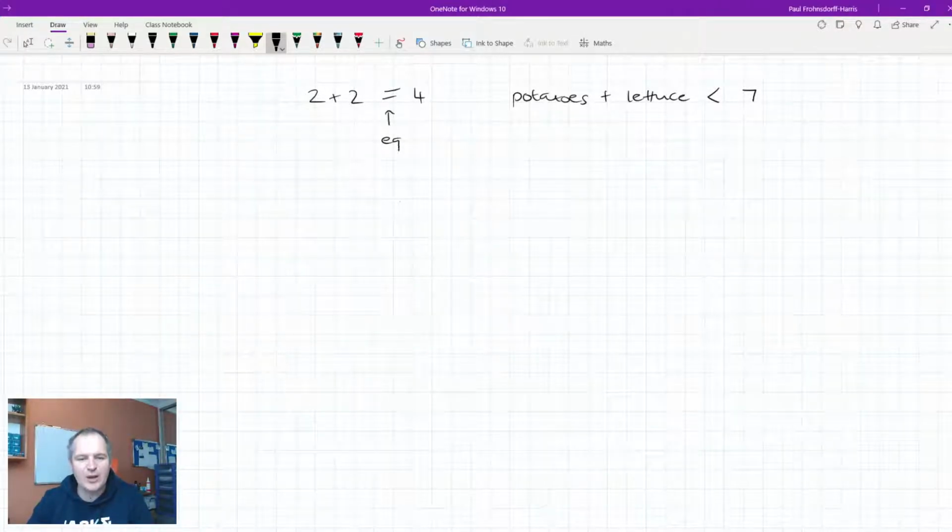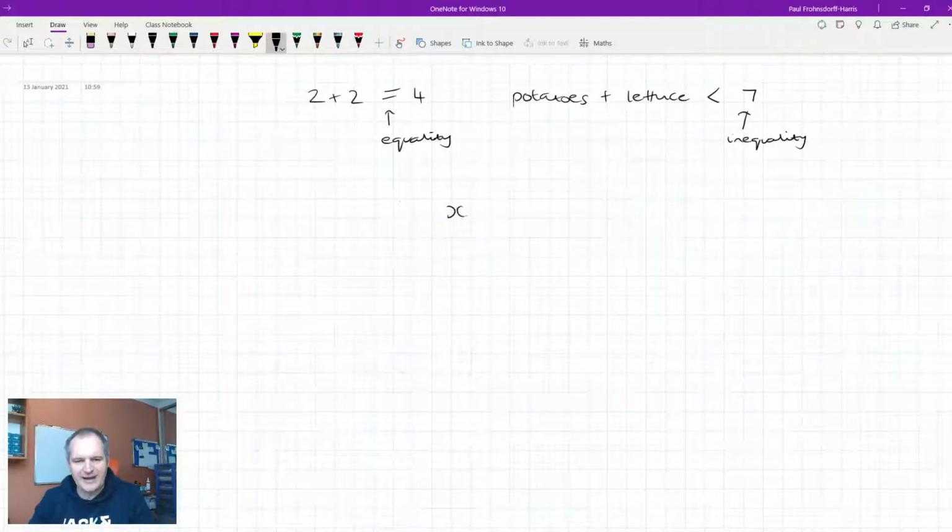This is an equality because they are equal. And this is an inequality because they are not equal. So we're interested in not equals.